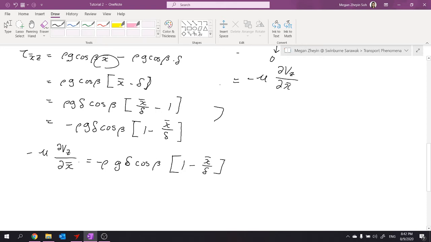So we rearrange the equation so that we get dvz equals rho g delta cos beta over mu multiplied by 1 minus x bar over delta dx. Then we will have to integrate this equation.